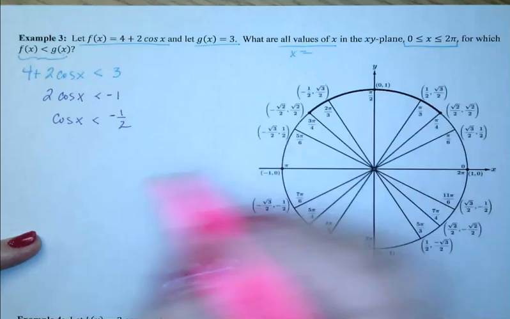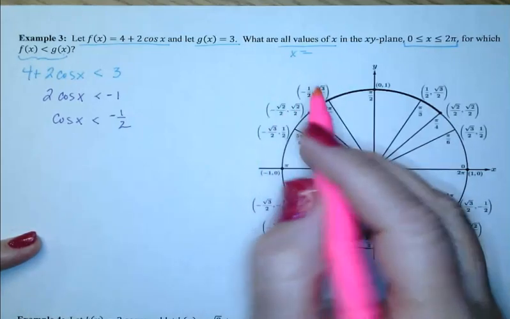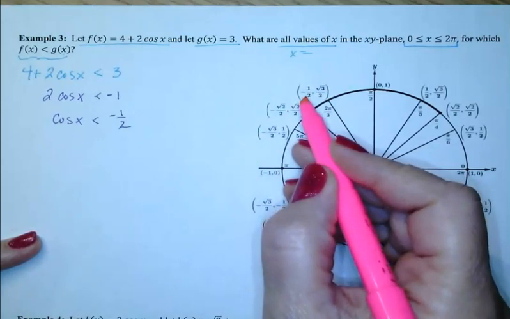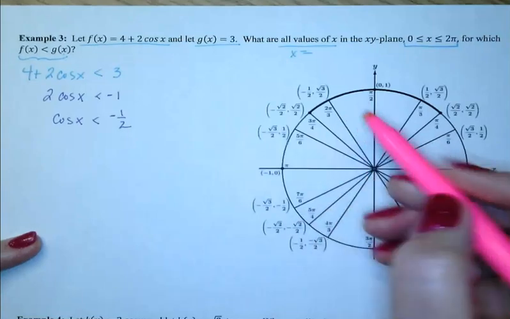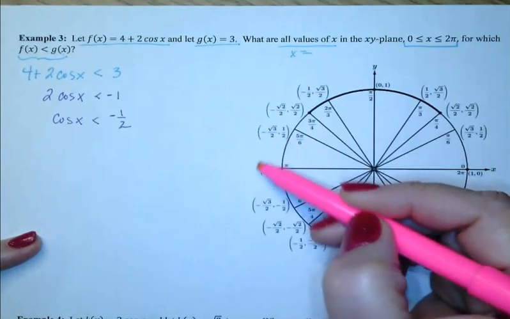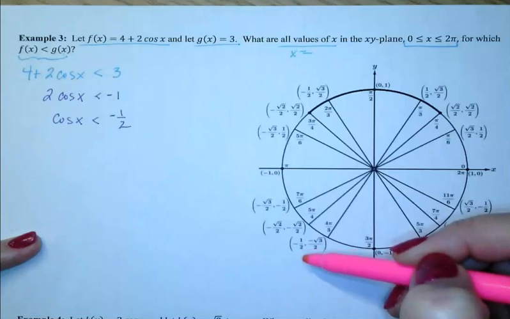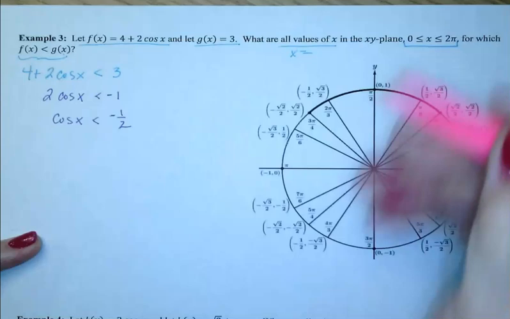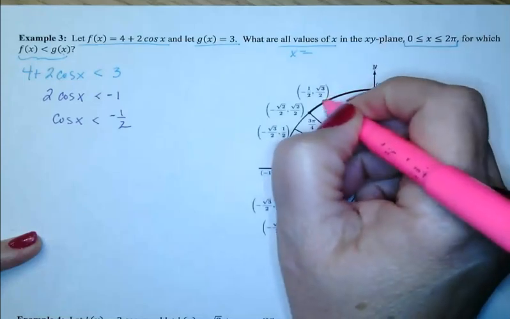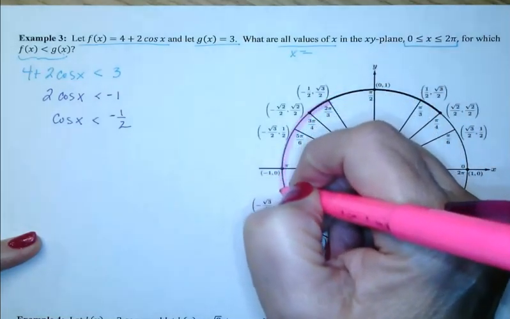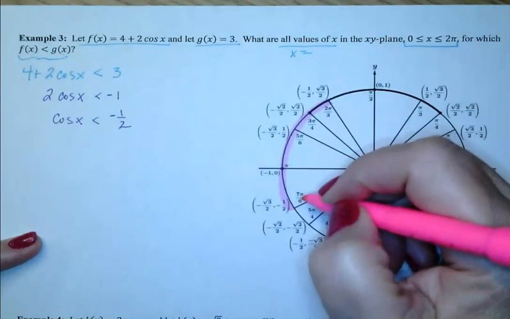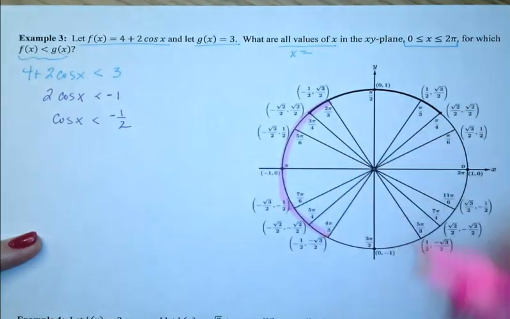So I can see, and I know that in this quadrant, cosine is the first term, and I can see I have a negative 1/2 there, starting at 2 pi over 3. And as I'm looking at the cosine values around here, I can see that the next cosine value happens to be down here at 4 pi over 3. So that means we're talking about from 2 pi over 3 around to 4 pi over 3.